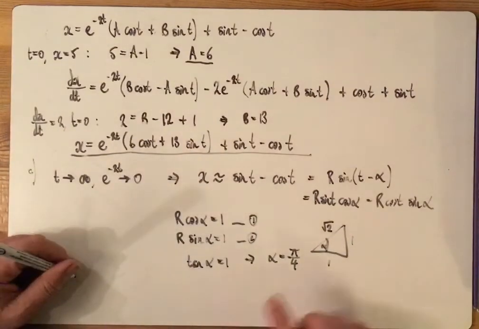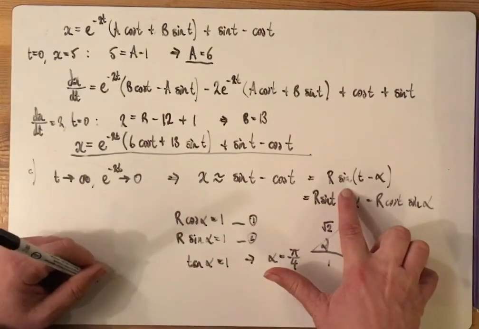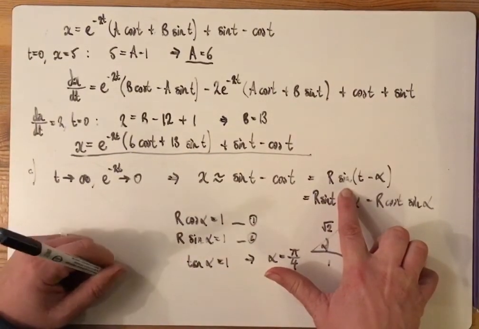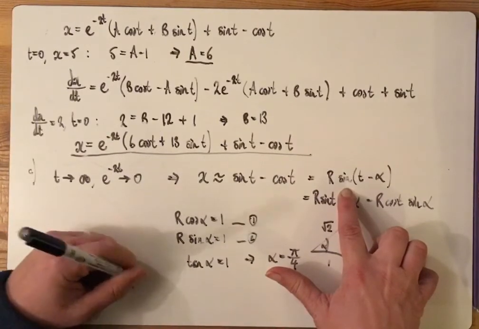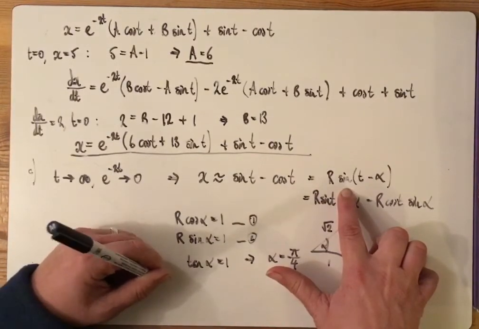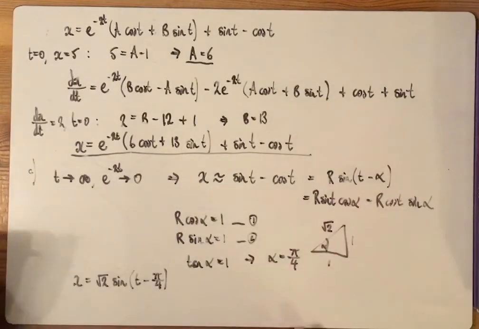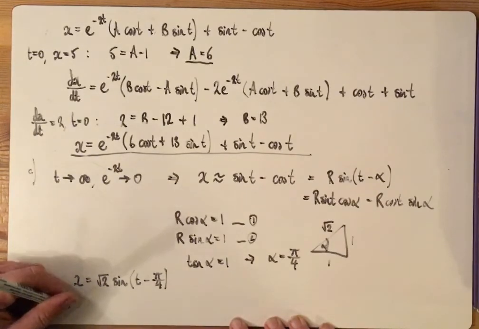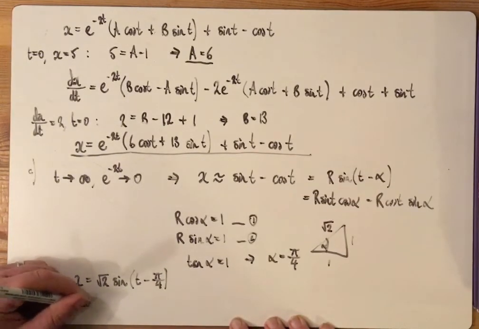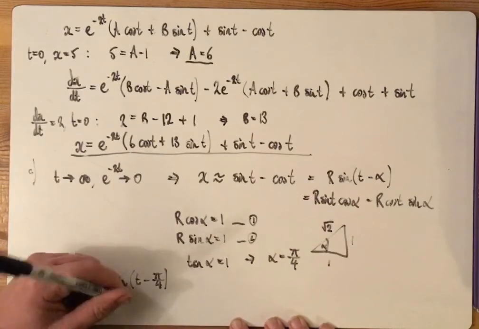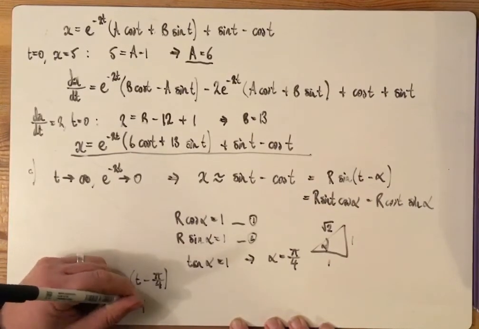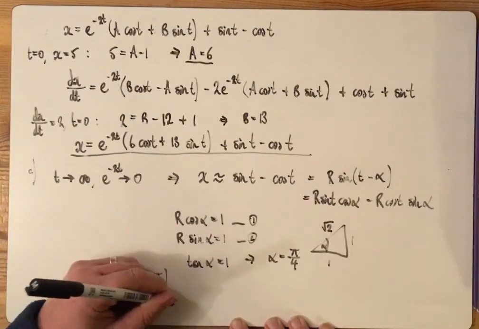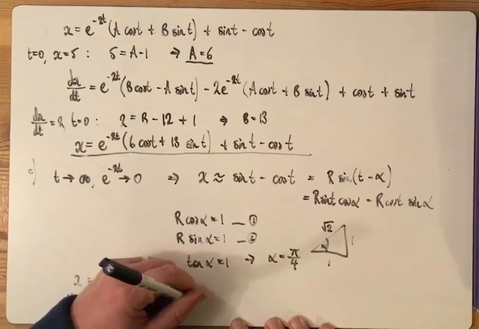So sine over cos is 1, and alpha is equal to pi by 4. And so x is equal to root 2 sine of (t minus pi by 4). So that is simple harmonic motion because it's a sine curve. So motion is simple harmonic motion. So if you're asked to describe and it's simple harmonic, you can just write that.